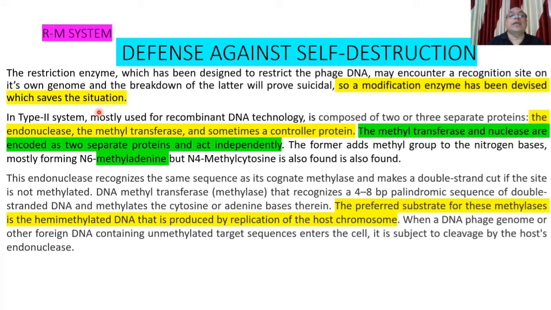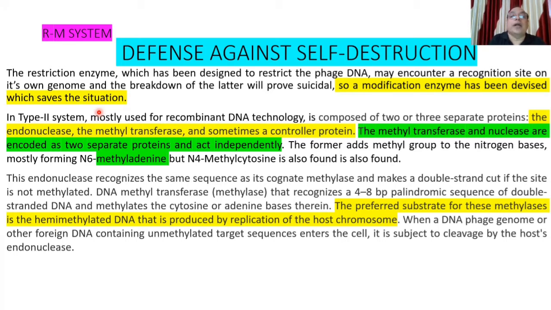It recognizes a specific sequence of nucleotides, which is called recognition sites, in the bacteriophage DNA and cuts those recognition sites. So the bacteriophage DNA is fragmented, and that fragmentation restricts the multiplication of bacteriophage.